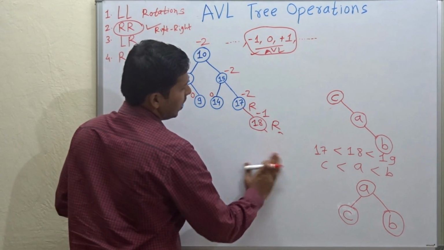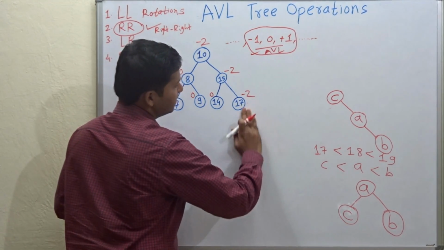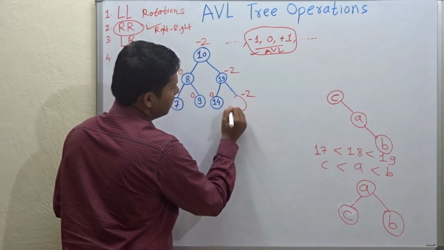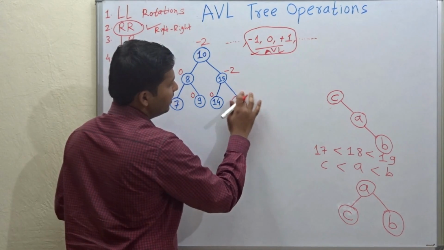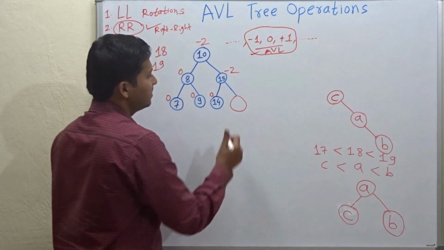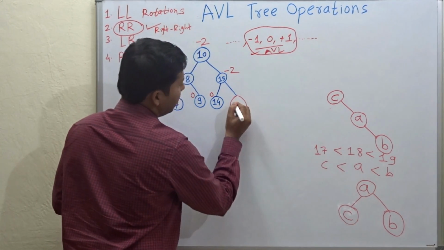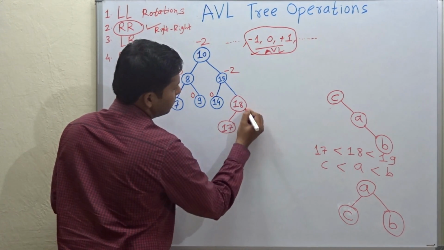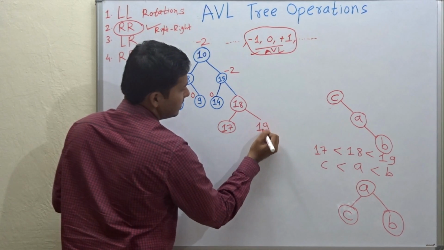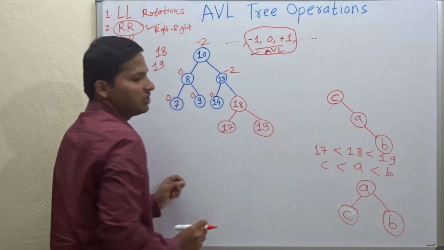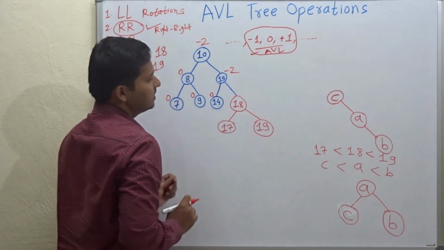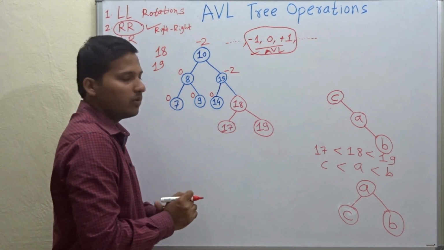So I will show you how will it look after balancing. 18 you have to attach to the parent of the imbalanced node, that is 17. So 18, 17 is its left child and 19 is its right child.